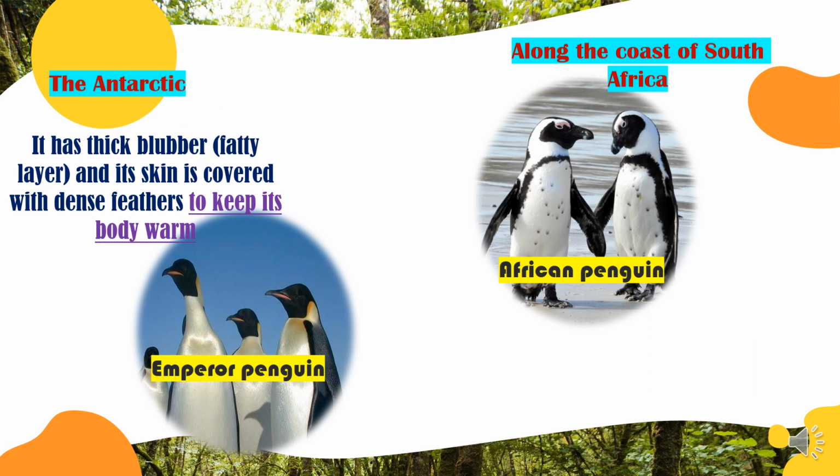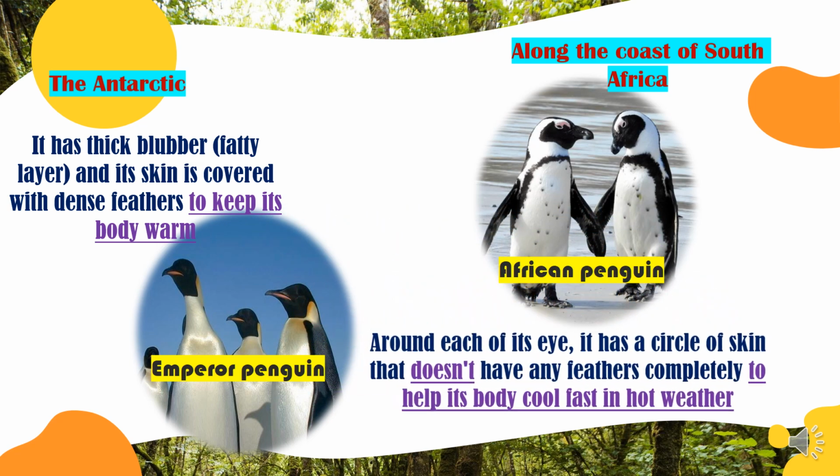Emperor penguins have thick blubber or fatty layers, and their skin is covered with dense feathers to keep the body warm. But around each eye, African penguins have a circle of skin that doesn't have any feathers, to help the body cool fast in hot weather.